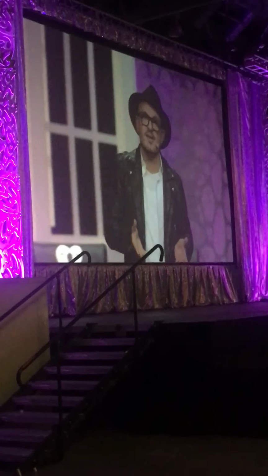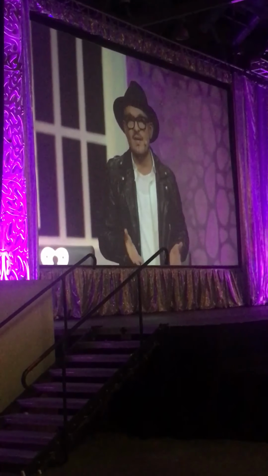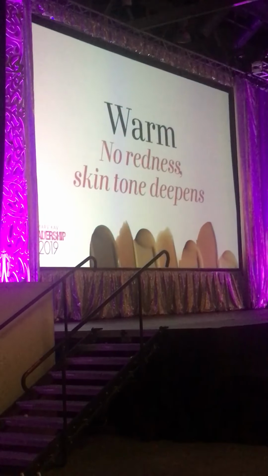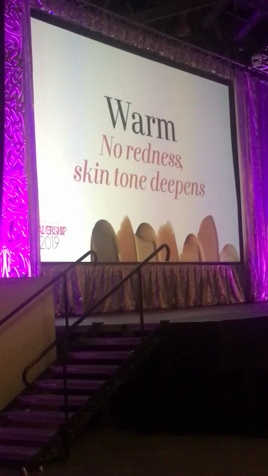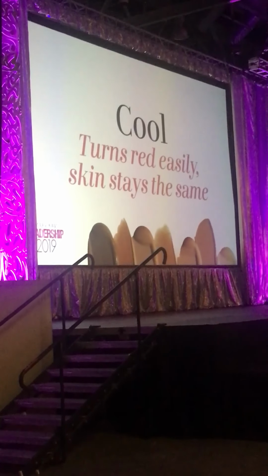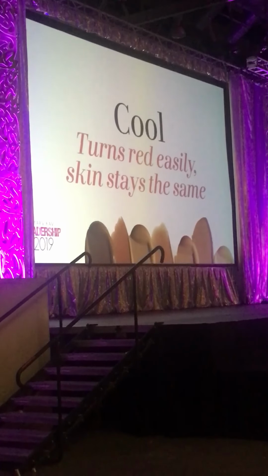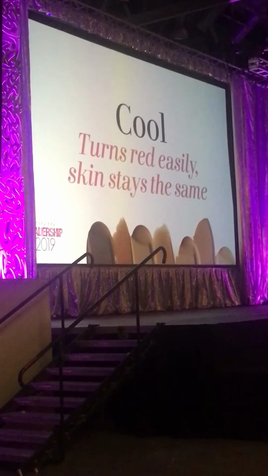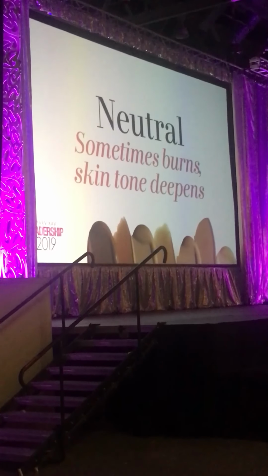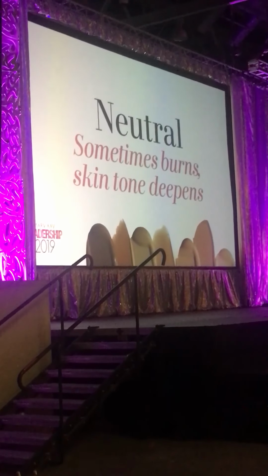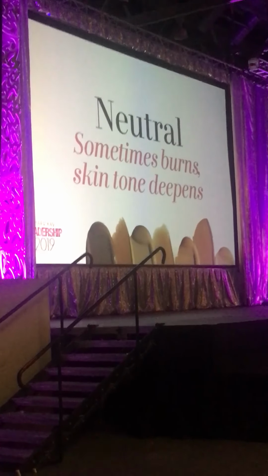If, for instance, she tells you she rarely burns and her skin tone just deepens, then she definitely has a warm undertone. If her skin tone stays mostly the same all year, she has a cool undertone. If she sometimes burns and her skin tone deepens afterwards, she has a neutral undertone.